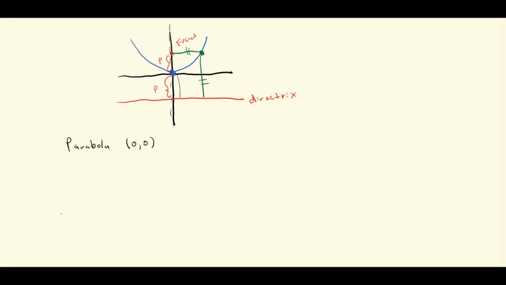And we can make a few generalizations. If a parabola opens up or down, then it's going to have the general form x squared is equal to 4py. But if the parabola opens left or right, it's going to have the form y squared is equal to 4px.